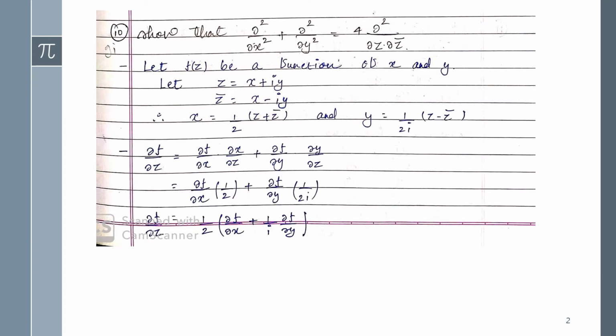The question is given: show that ∂²/∂x² plus ∂²/∂y² equals 4 ∂²/∂z∂z̄. See guys, these examples are based on formulas only, and there are a total of 4 types of examples related to these questions.